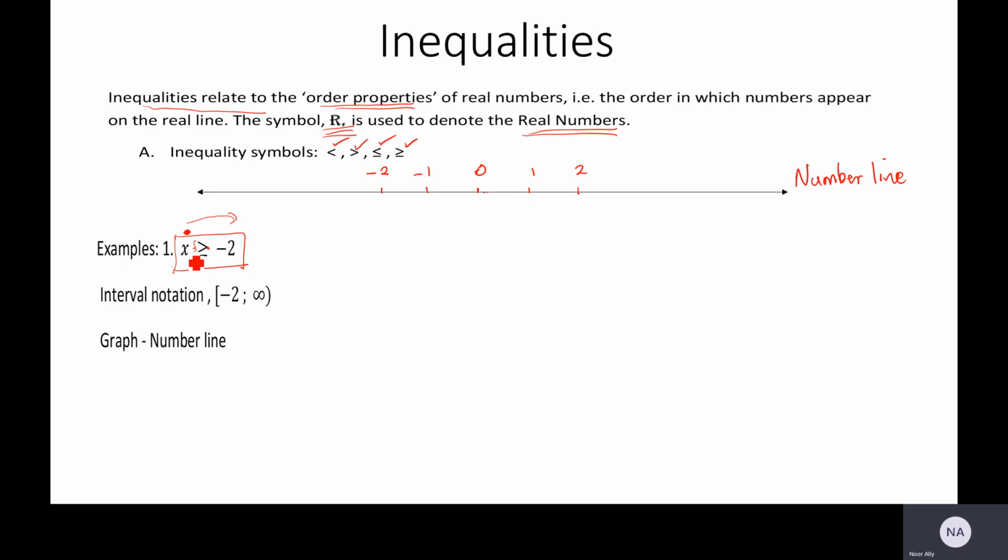So I read this as X greater than or equal to minus 2. But there's absolutely nothing stopping you from going in the reverse direction, in which case you could say minus 2 is less than or equal to X.